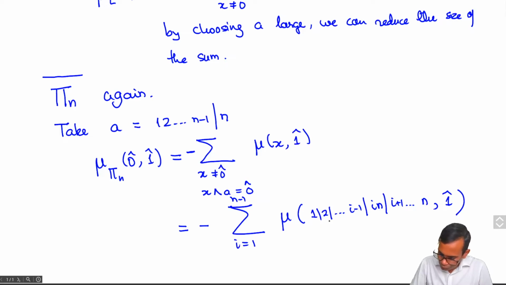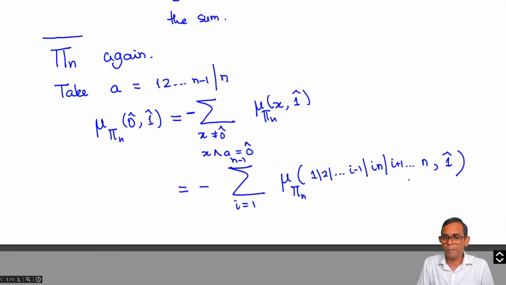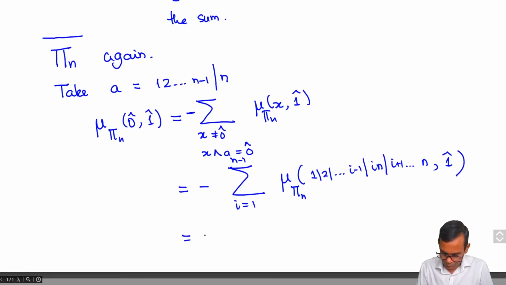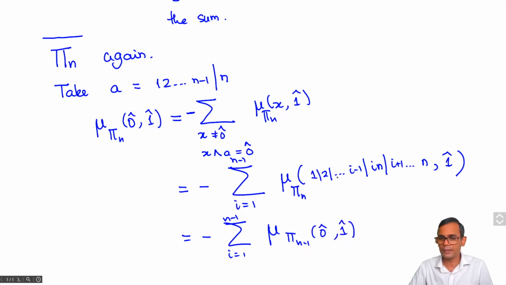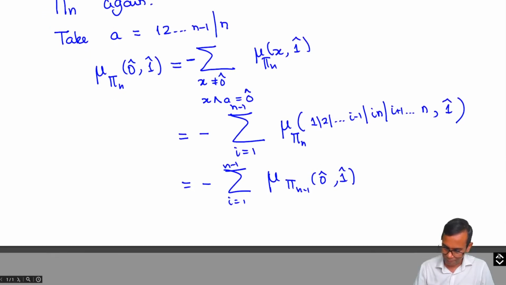But if you look at this set partition, so this is still mu pi n, this interval is isomorphic to pi n minus 1. So this is equal to minus the sum, I goes from 1 to n minus 1, of mu pi n minus 1, 0 hat, 1 hat, because here there are n minus 1 blocks, and we've seen how every interval in the poset of set partitions is isomorphic to a full poset of set partitions.